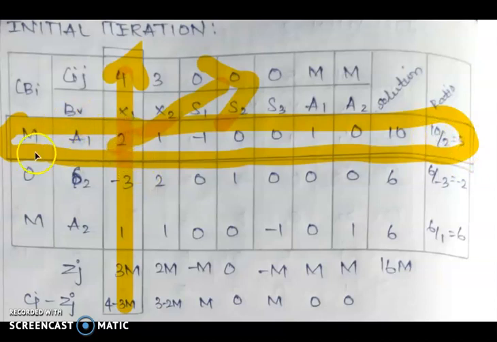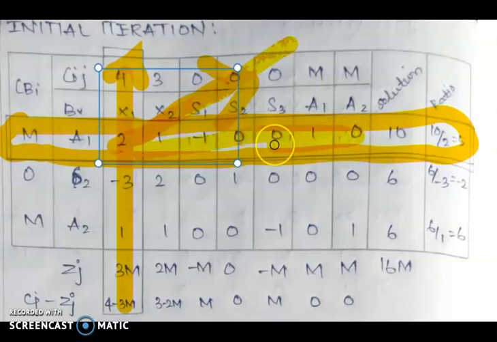X1 enters the basis, A1 leaves the basis. So here the value will be 2. The pivot element must always be 1, so we divide the entire row by 2 and get the pivot element as 1.